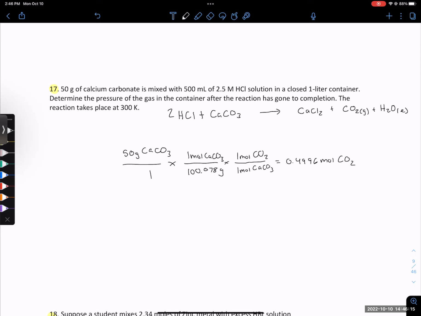So that's how much carbon dioxide is expected to be formed when you use 50 grams of calcium carbonate. Now we need to find how much carbon dioxide would be formed given these quantities for HCl as the other reactant. Clearly we need to use the molarity equation.